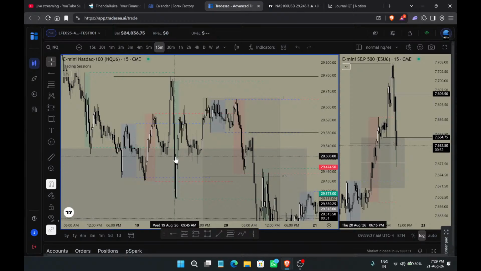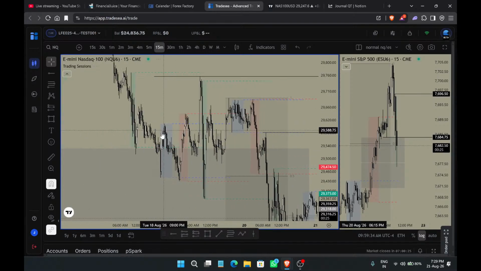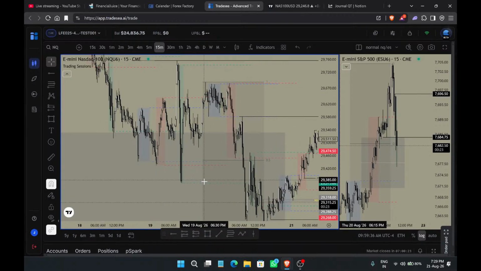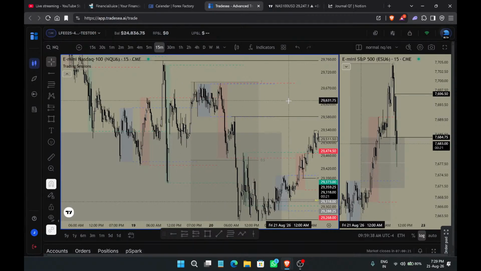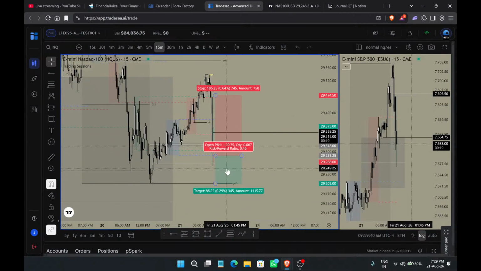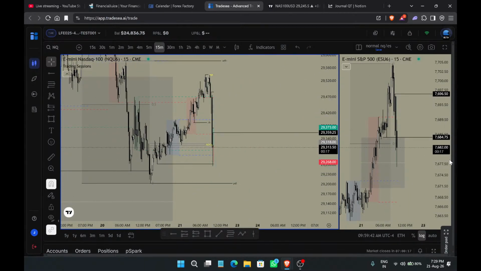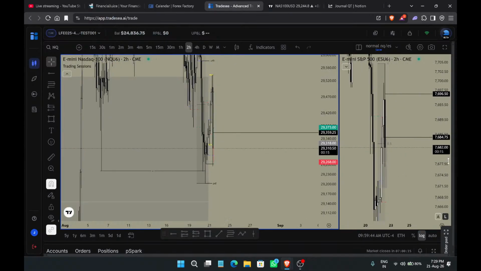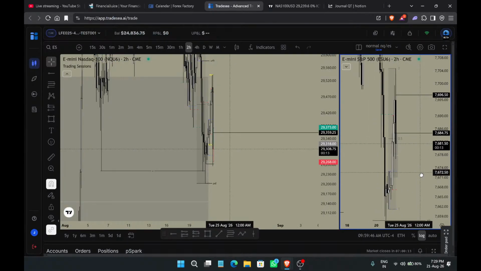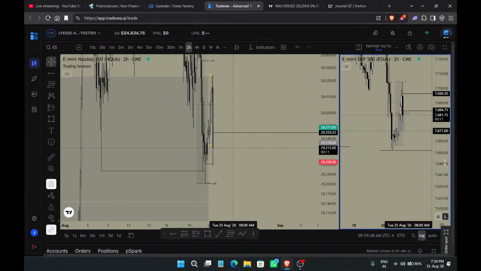I think here, here, and we distribute lower for 15 minutes. Then we flip the bias to the bullish. And we hit the 2-hour discount of fair value gap.